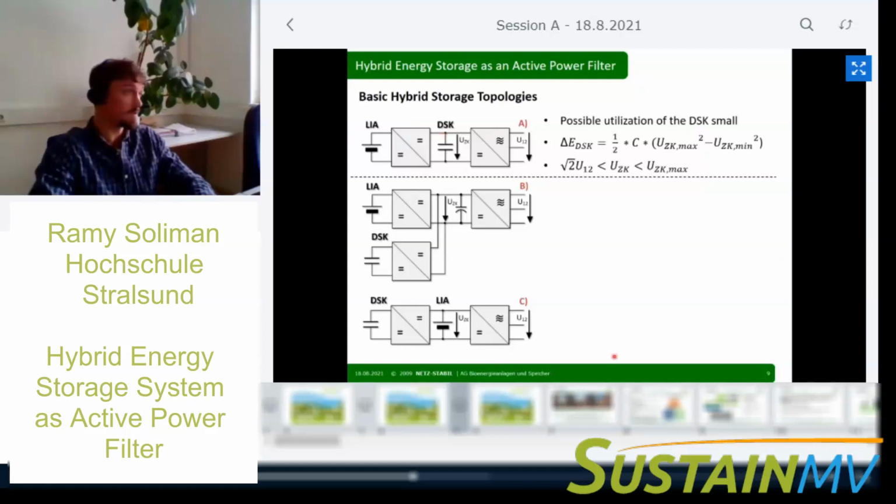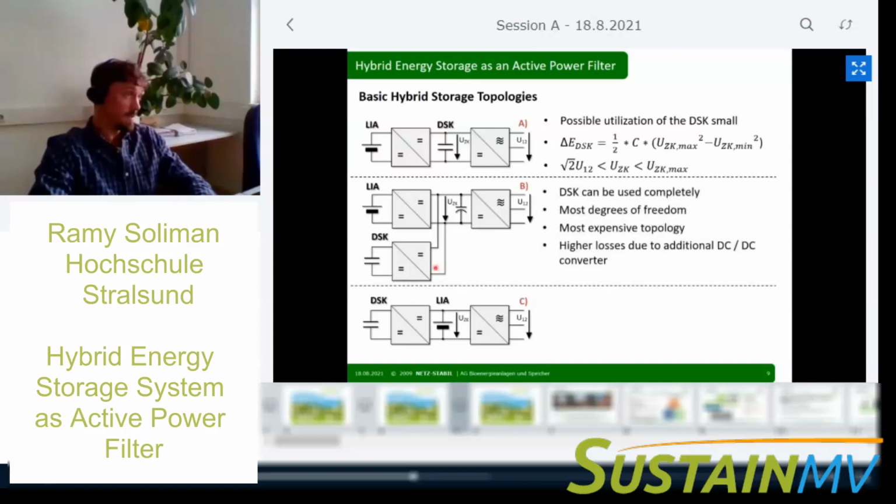So in case B, we can use the total energy of the supercapacitor, because it's separated via another DC-DC converter. And in this case, we also have the most degrees of freedom, because every single converter can be operated on its own.